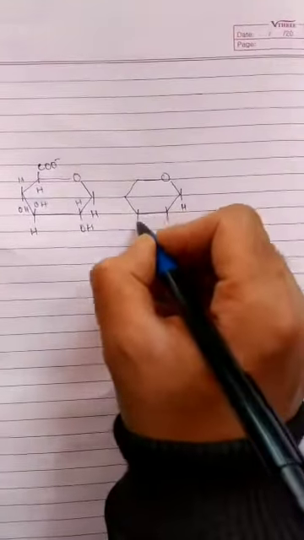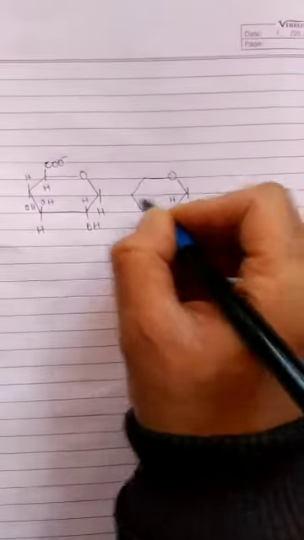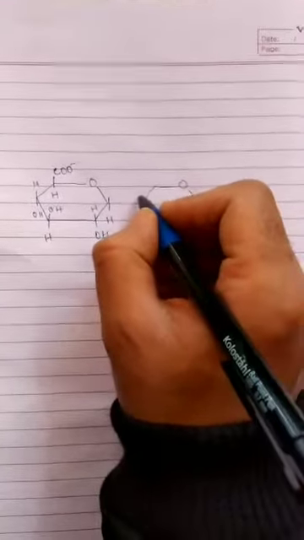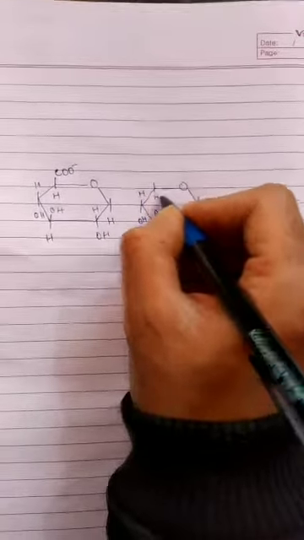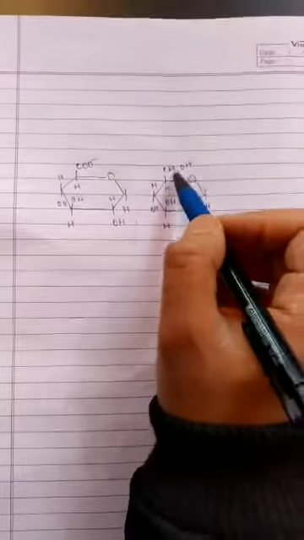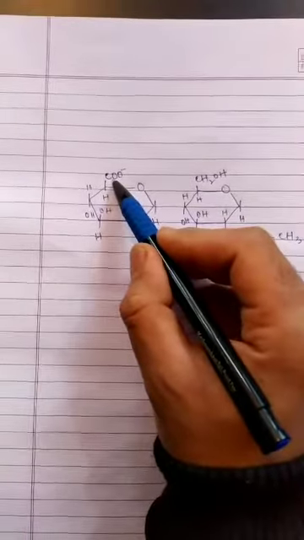And here H, OH, OH here, H here, and H, CH2OH. This CH2OH group in glucuronic acid is replaced by the carboxylic group.